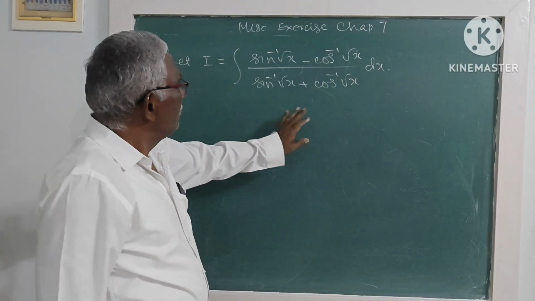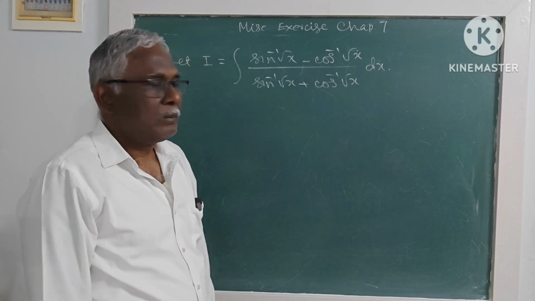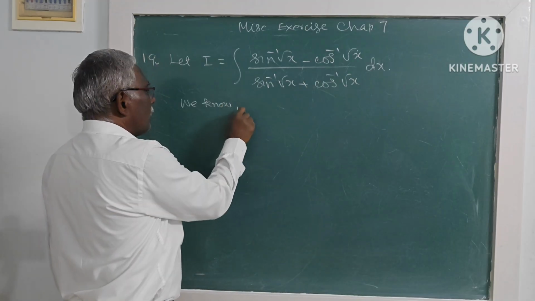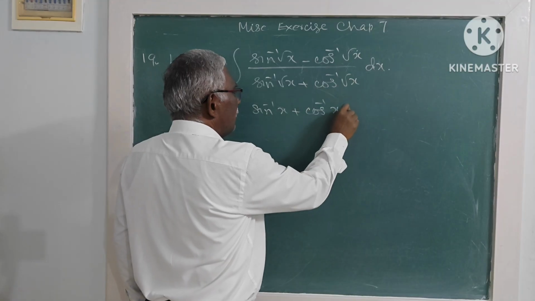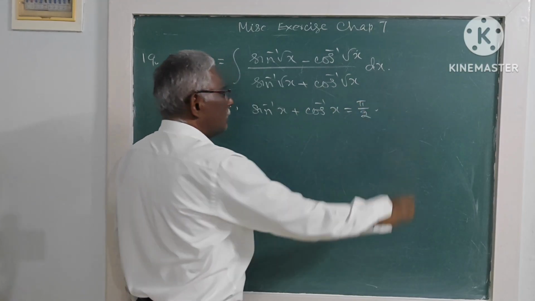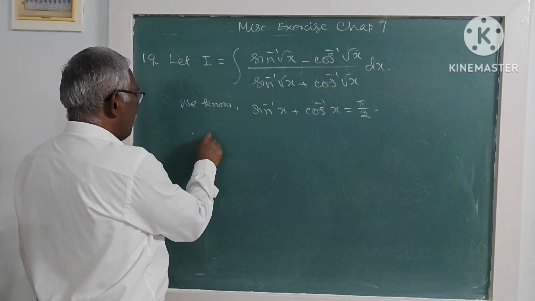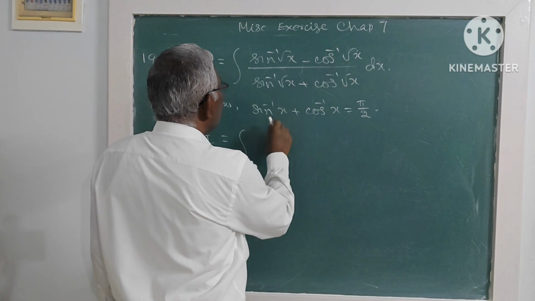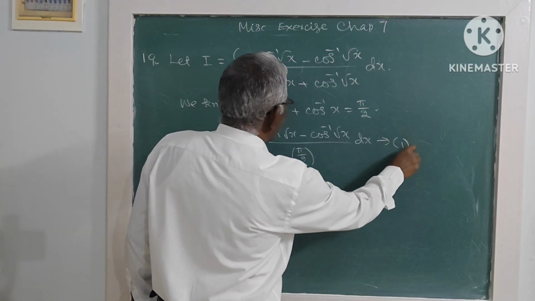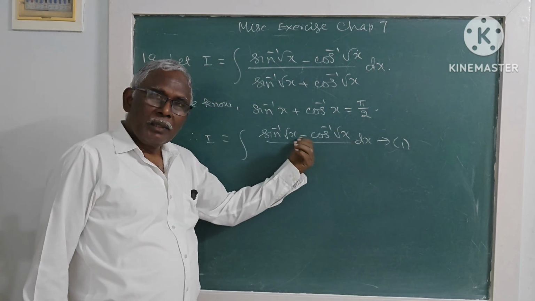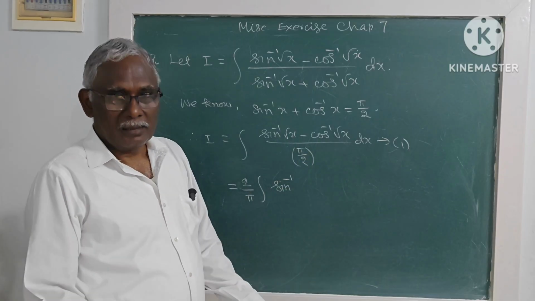So in this problem, the denominator has sin inverse root x plus cos inverse root x. We know sin inverse x plus cos inverse x is equal to pi by 2. So we can put pi by 2 for this. Therefore, I is equal to integral 2 by pi dx. Now, what value should we substitute for x so that this will get simplified?